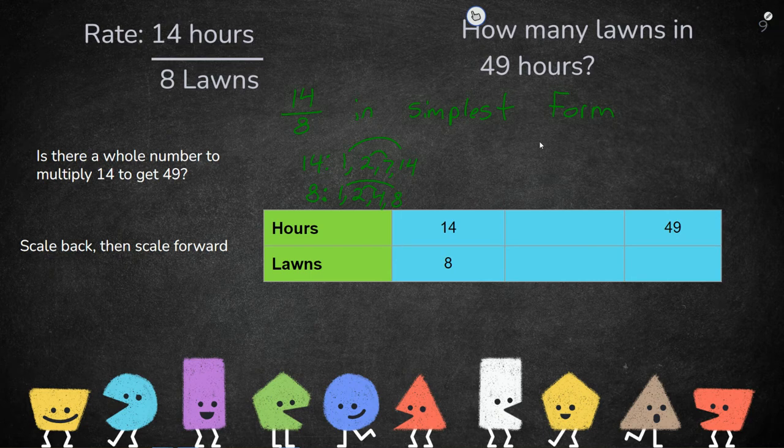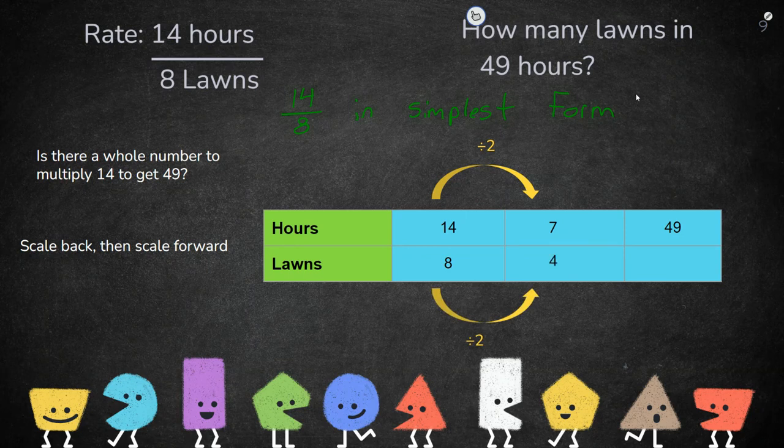What's the greatest common factor of 14 and 8? 2. So we're going to take this 14 over 8 and divide by 2. 14 divided by 2 is going to give you 7. And we have to do the same to the bottom, right? So 8 divided by 2 also, which is going to give you 4.